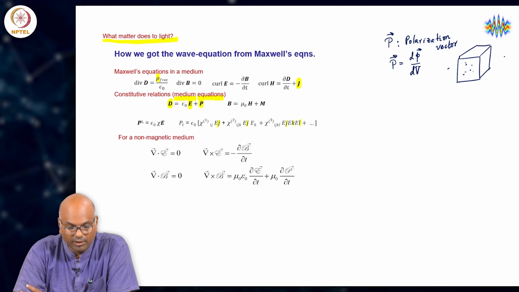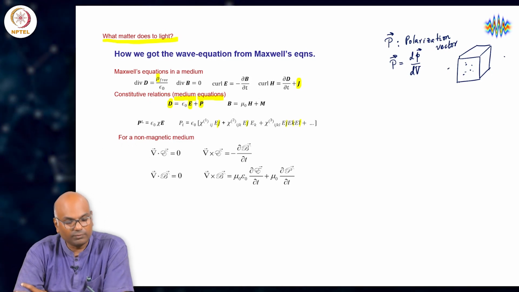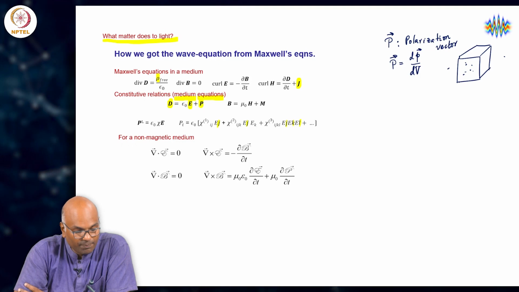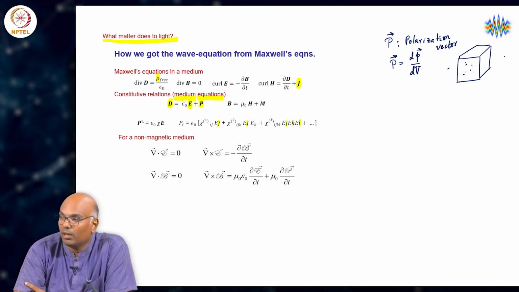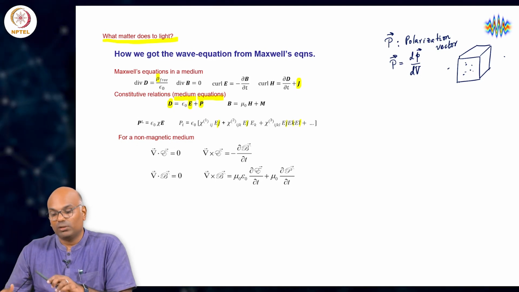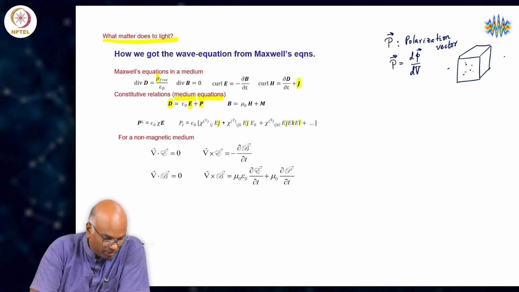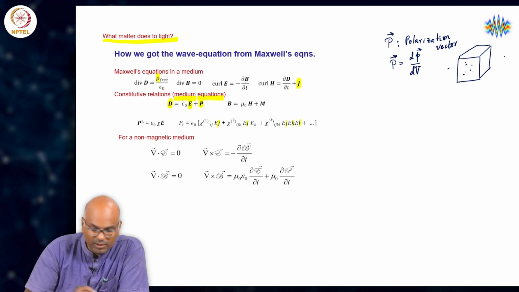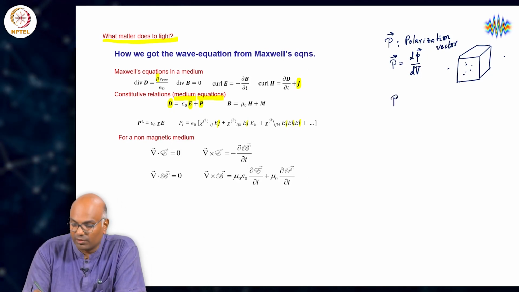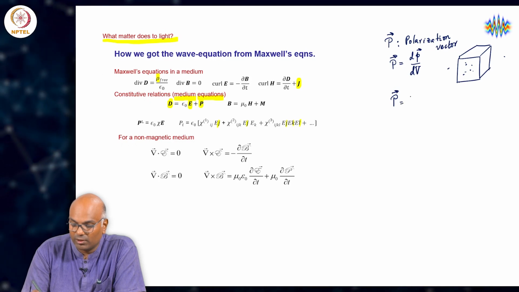Okay, so, that is the vector P. Now, we need to complete the loop in this case by building a good model even for the polarization vector. I will simply refer to this as the polarization henceforth in short.